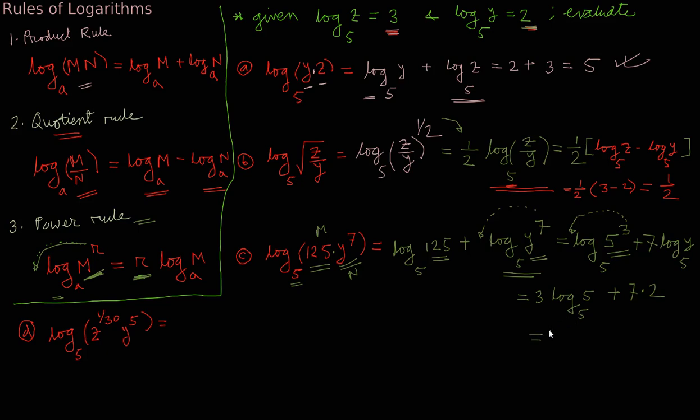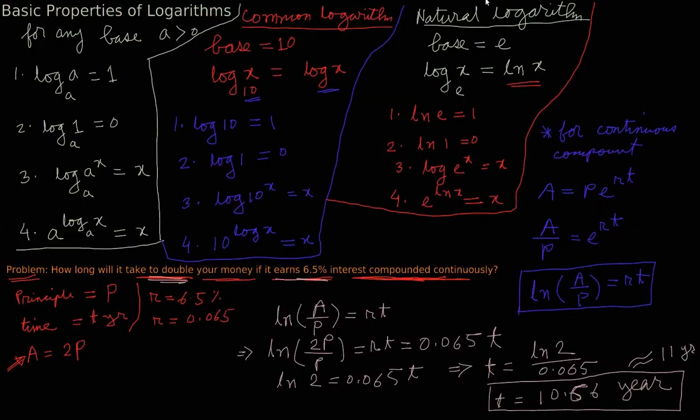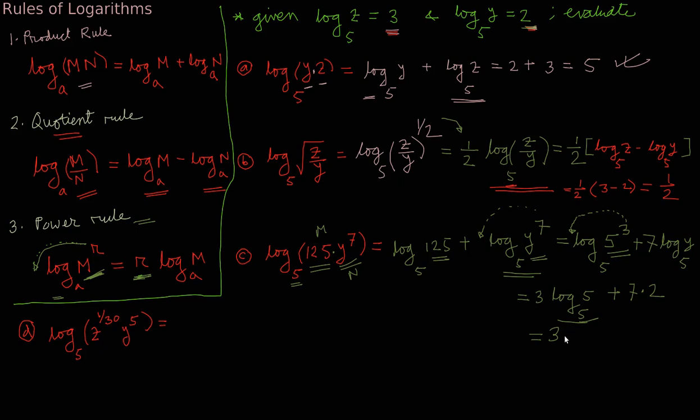Now 3 is 3. What about logarithm 5 base 5? I just want to remind you on the basic logarithm. What is logarithm of a base a, which is equal to 1? So it is going to be 3 multiplied by 1 plus 14. So it will be actually equal to 17. Okay, so this is the answer for number 3.